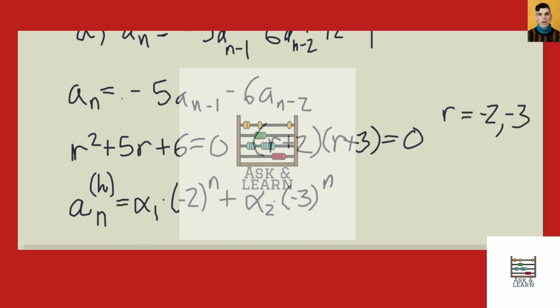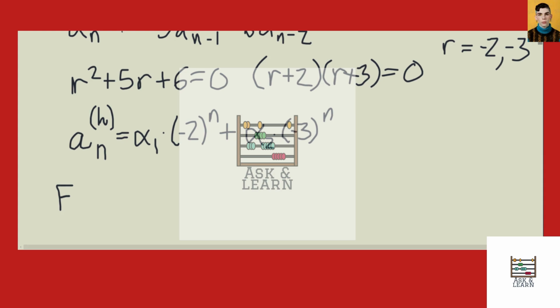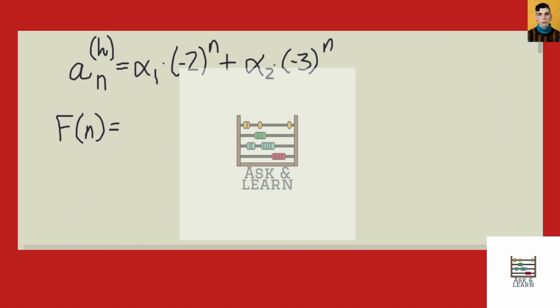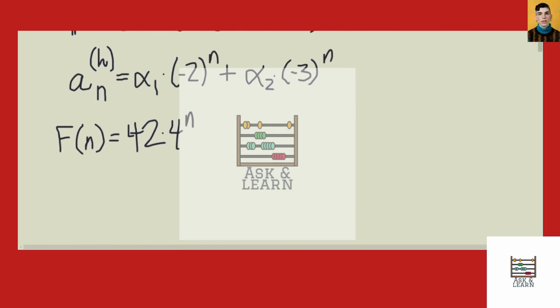And in the non-homogeneous equation, f(n) is equal to 42 times 4^n. 42 is a polynomial of degree 0, and 4 is not a characteristic root.